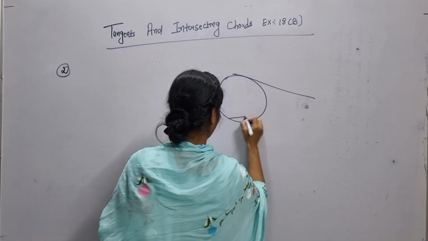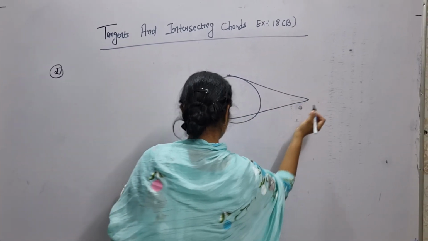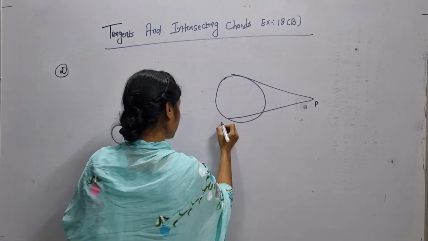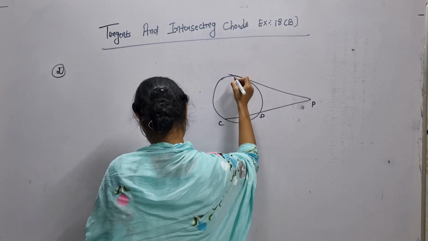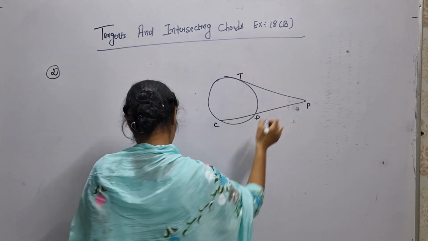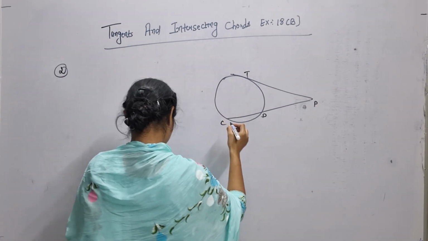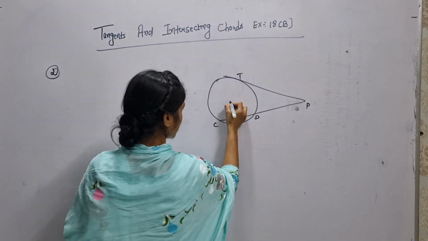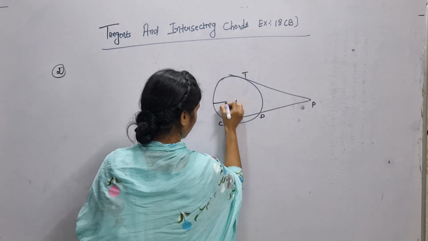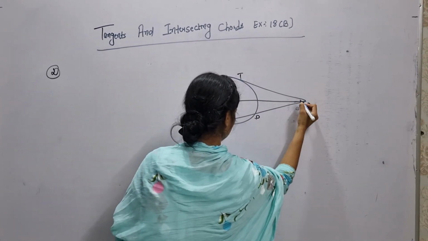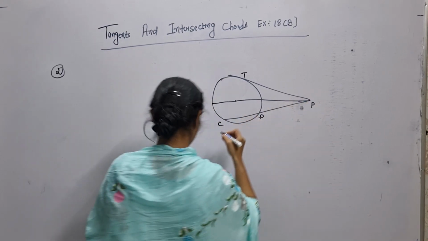CD is any chord which meets the tangent at the point P. Here is C, D, here is T, there is P, and AB is the diameter. Suppose here is the center, AB is the diameter which meets the exterior point P also.